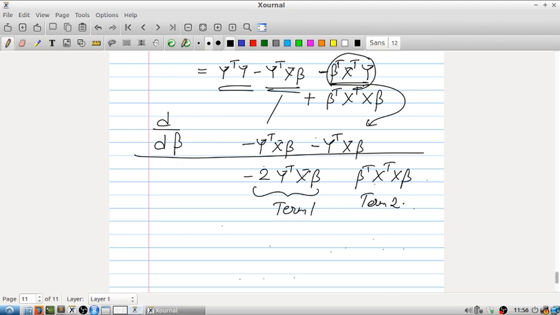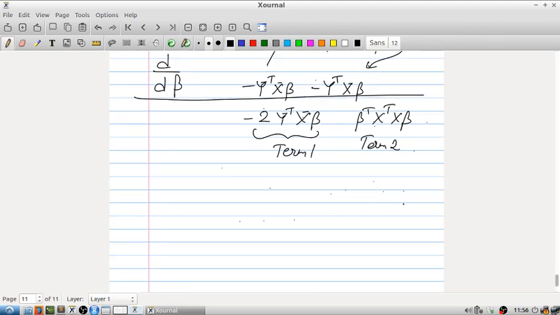And I'll at least do term 1. Term 1 seems to me to be something like A transpose beta, where A is going to be the transpose of this multiplier. See, beta is P cross 1.